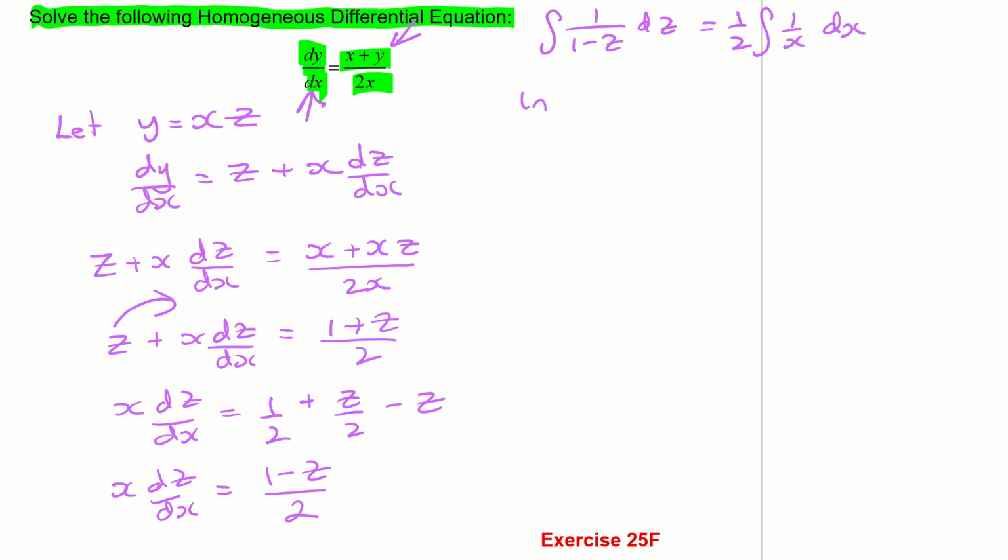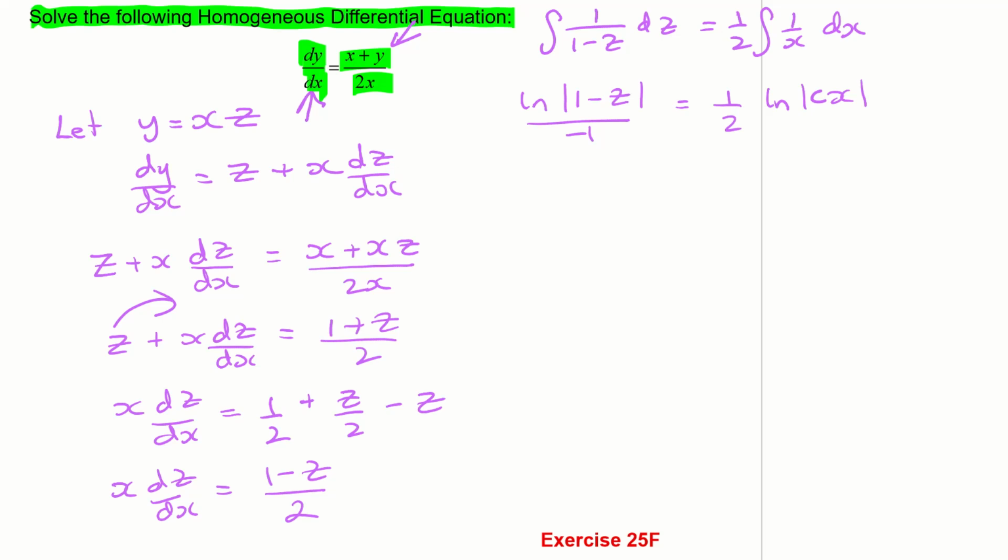So we get ln(1 minus z) over minus 1, don't forget reverse chain, is equal to a half ln, and we're going to write mod x. We could have plus a constant, but if I make that constant into a half ln c, I can then use a log law to bring that in here.